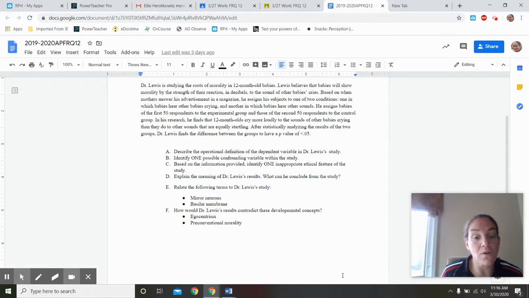A lot of people wrote about these things and did not note how it would contradict. It's asking, how did the results go against what we've previously known about egocentrism and pre-conventional morality? What the results are describing here is that egocentrism, which is your inability to understand that other people have points of view rather than your own, is being refuted here.